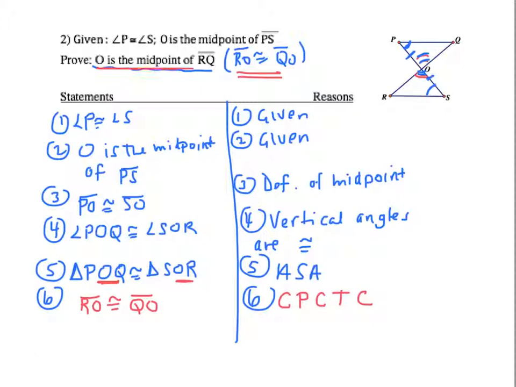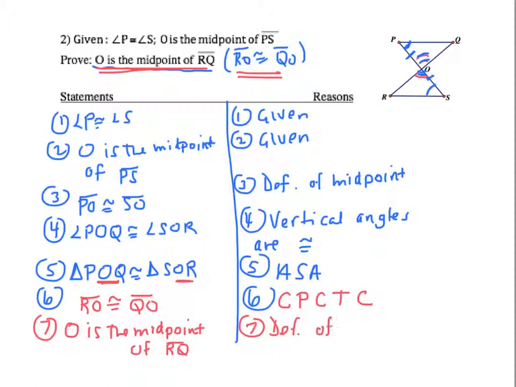We have to use this to finish it off and say that O is the midpoint of line segment RQ. And that's just simply by definition of midpoint. If a point has divided a segment into two congruent segments, which we proved using CPCTC, then that point has to be the midpoint of the segment.